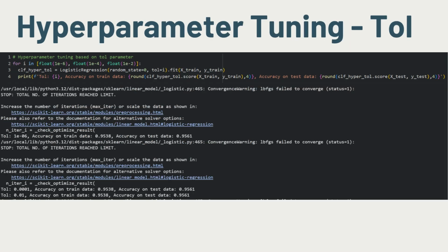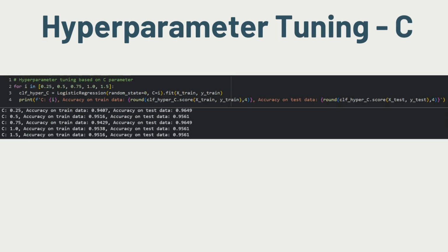Tol, or short form for tolerance, is a stopping criterion which tells the model's solver when to stop trying to find a better fit. Decreasing the value will make the model train for longer, and increasing the value will speed up the model training process. We can run a few tolerance values and view the results as well. The parameter C is just the inverse of regularization strength, where smaller values specify stronger regularization.